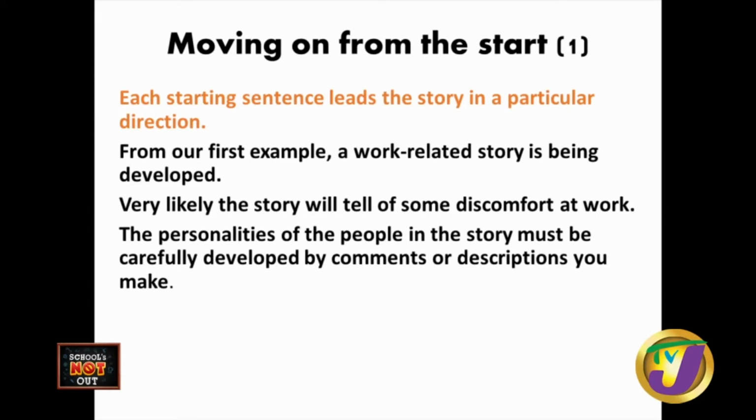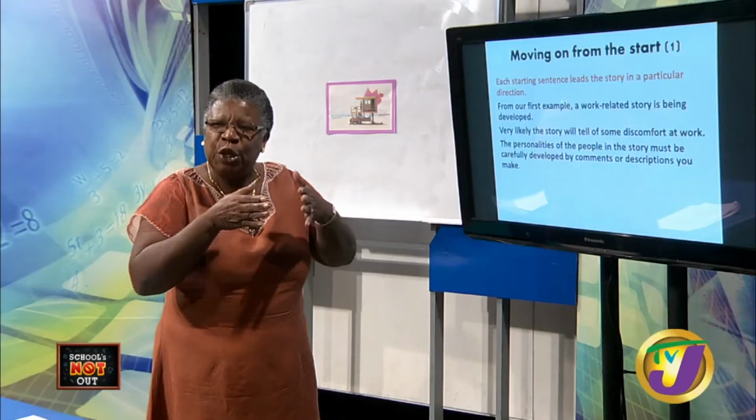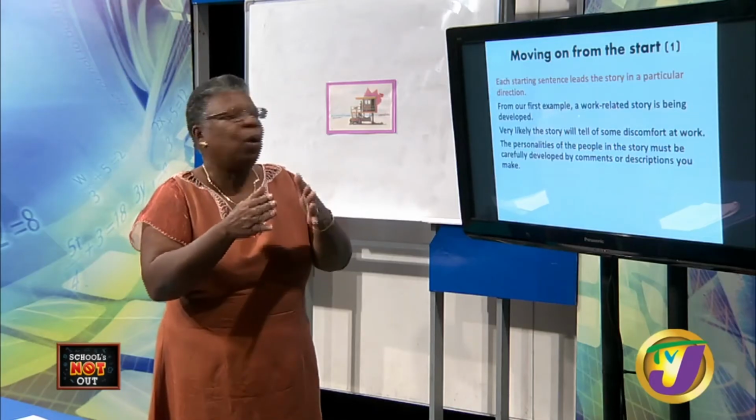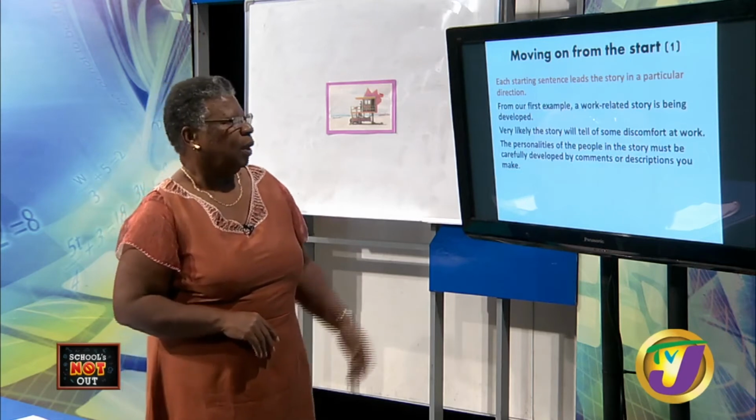Planning, moving on, that's what we're doing. Each starting sentence leads your story in a particular direction. So whichever you select, you're going to look out for the cues that will show you how it's to go forward.